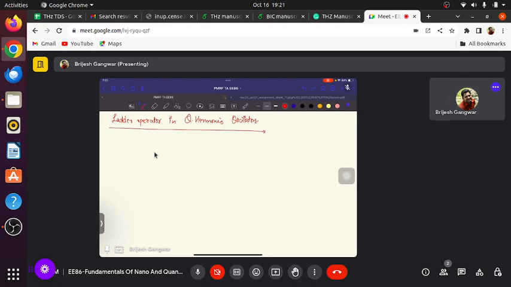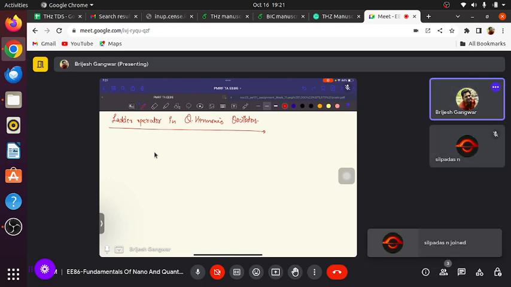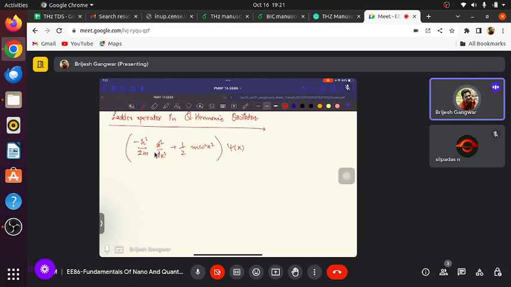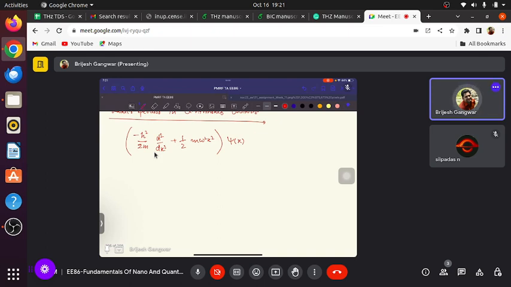For the quantum harmonic oscillator, you can write the Hamiltonian as minus h cross squared over 2m d2 over dx squared plus half m omega squared x squared, operating on psi of x. Make a coordinate substitution to non-dimensionalize the differential equation: x equals square root of h cross by m omega times q.